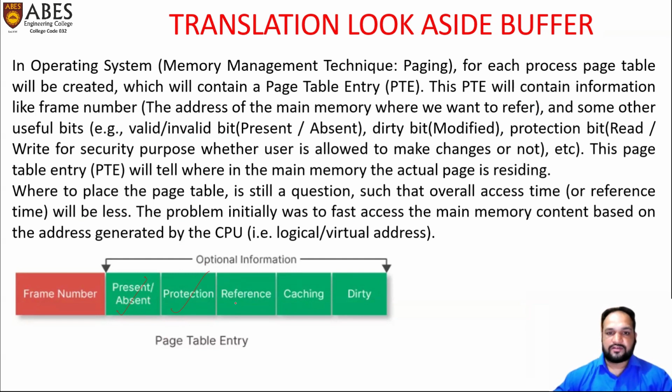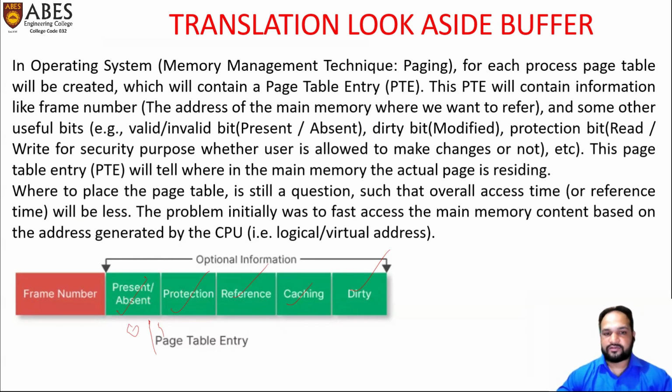Reference bits are also there, a caching enabled or disabled bit, and a dirty bit, meaning whether the frame is modified or not. So there are 0 and 1 values associated with all this information, and the bits change according to the frame number. This page table entry will tell where in the main memory the actual page is residing.